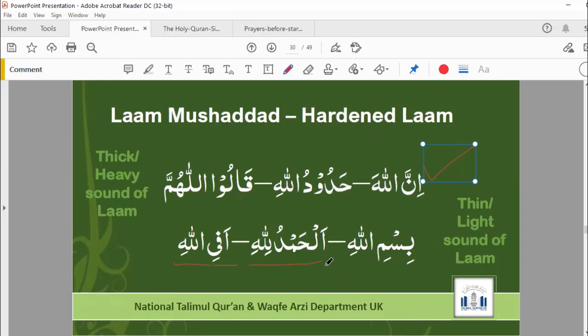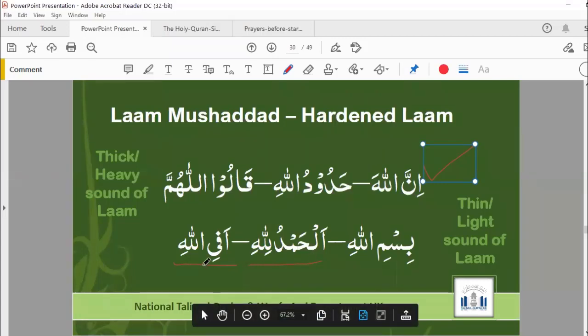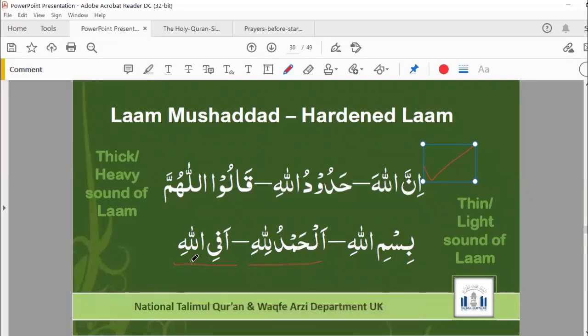Then the next one, Alhamdulillahi. It's still kasra, so it's going to be thin. Then the next one is Afillahi. That's another example of thin sound in Lam Jalala.